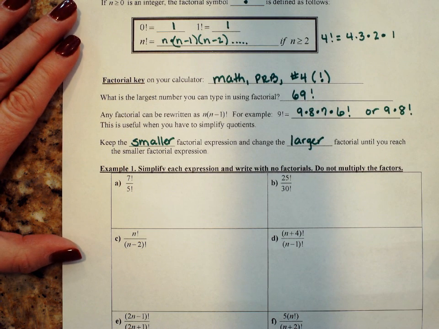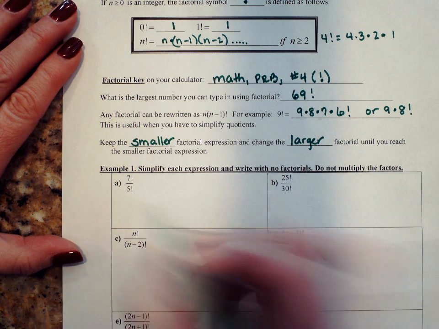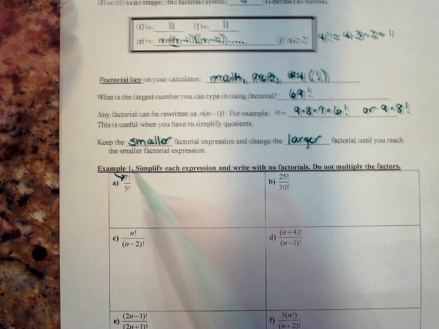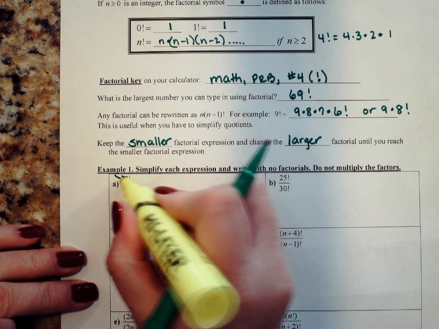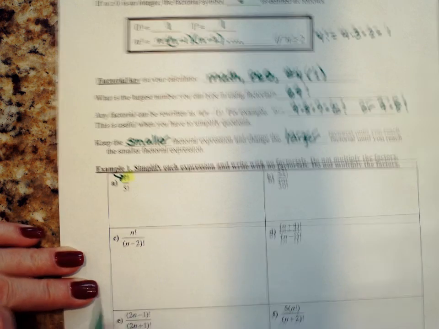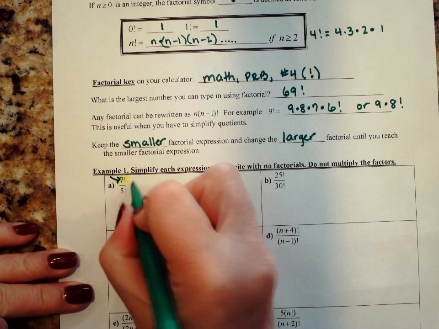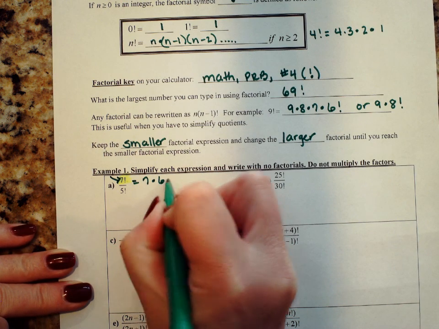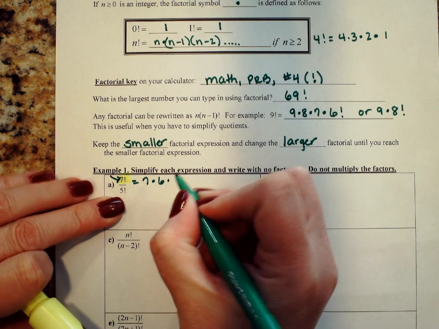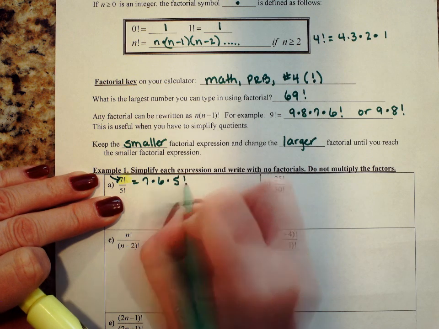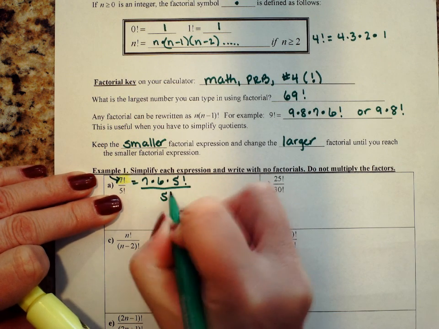So for example, if you take a look at 7 factorial divided by 5 factorial, 7 factorial is your larger factorial. So I'm going to rewrite 7 factorial as 7 times 6 times 5 factorial, divided by 5 factorial.